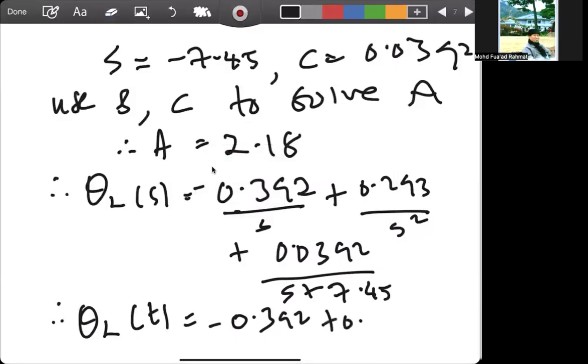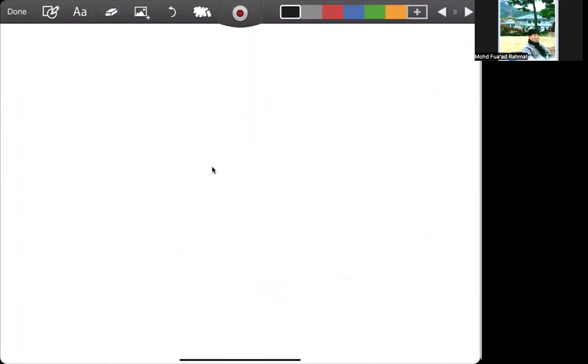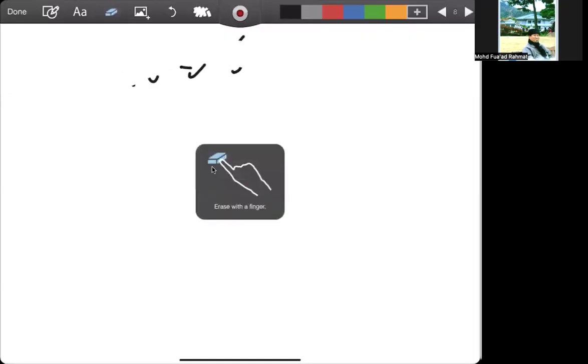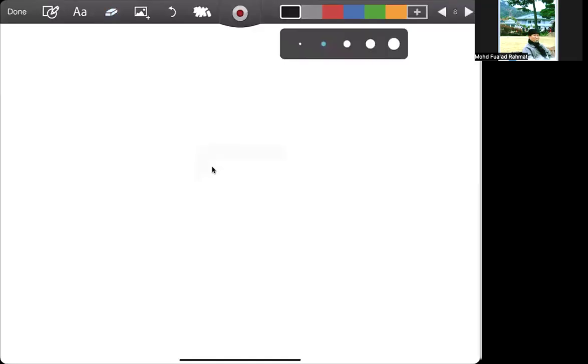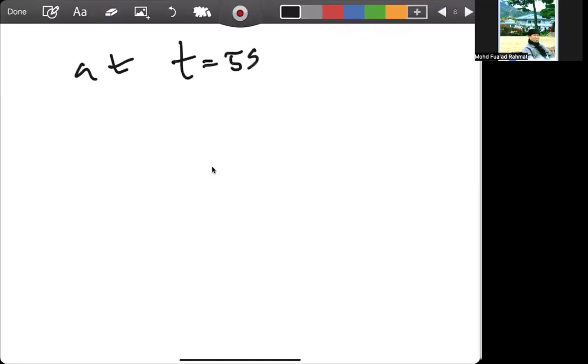Plus 0.293 t plus 0.0392 exponent, okay, at 5 seconds, at time t equal to 5 seconds.